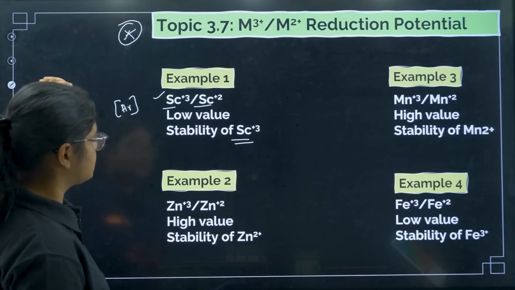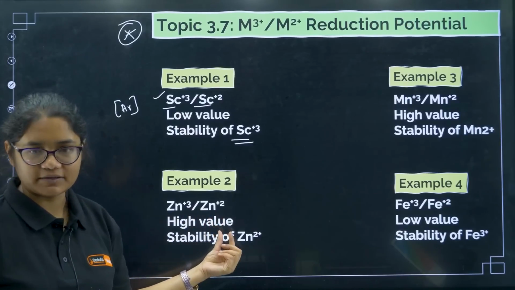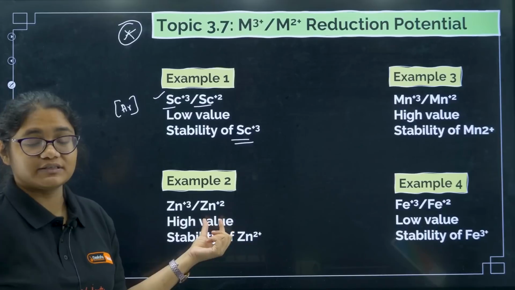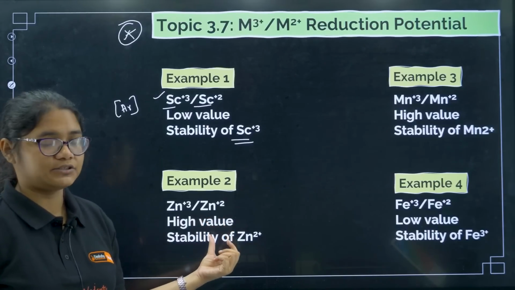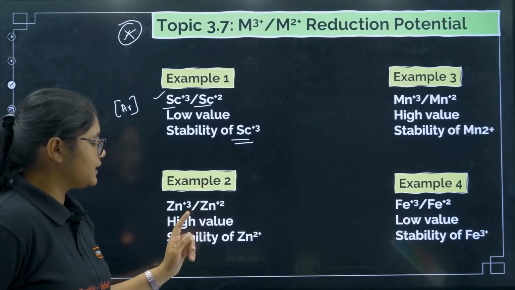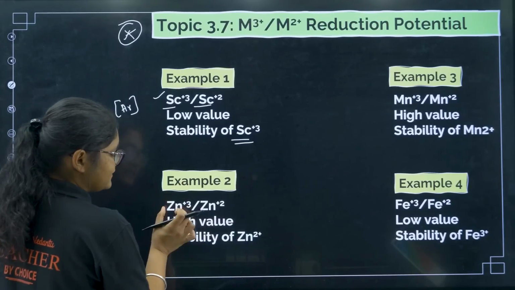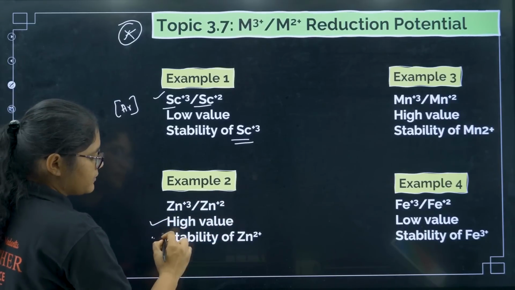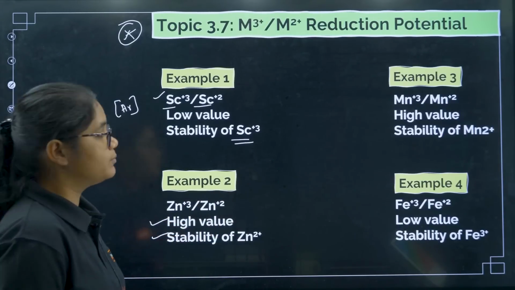Then the next one, that is Zn plus 3 to Zn plus 2. Zn plus 2 is more stable, right? Because Zn plus 2 is d10 configuration, a very stable configuration. So you are going from less stable to more stable. It is an easy conversion, so that is why high value, because of the stability of Zn2 plus.